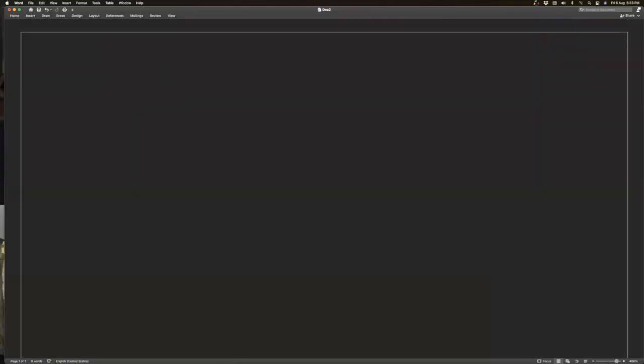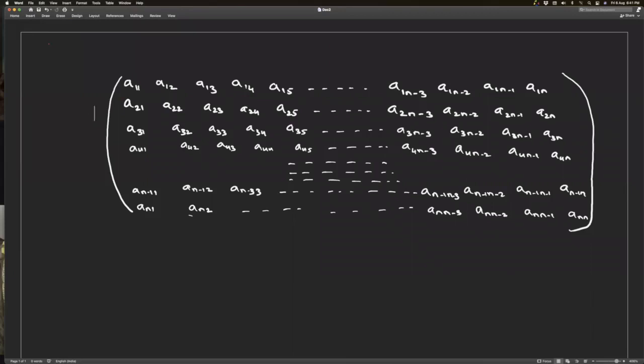Another type of system that occurs often in applications is the tridiagonal system. So how will the tridiagonal systems look? Let us consider an n cross n system whose coefficient matrix looks like this. This system is said to be a tridiagonal system if, first of all, the diagonal elements are non-zero.